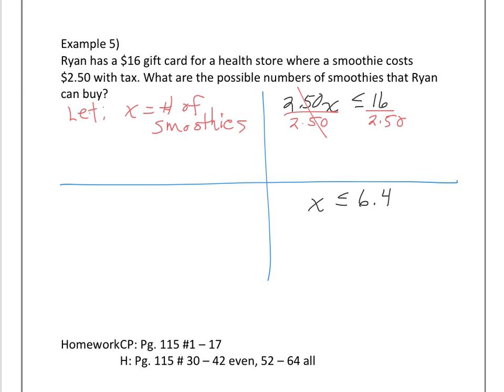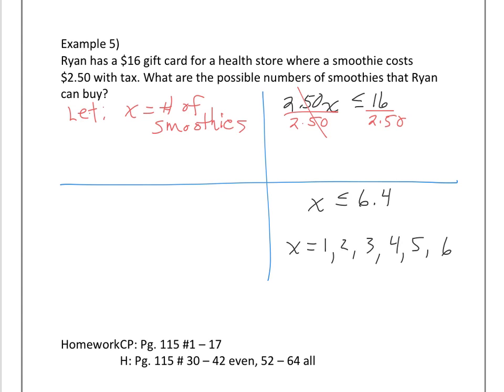So you can't buy 6.4 of a smoothie. They're just not going to sell it to you. You can't buy 6.2 of a smoothie. What you can buy is 6 smoothies, 5 smoothies, 4 smoothies, and so forth. You can't buy 7 smoothies because you don't have enough money to buy 7 smoothies. So essentially, the solutions that x can be will be 1, 2, 3, 4, 5, and 6 because smoothies come in whole numbers.